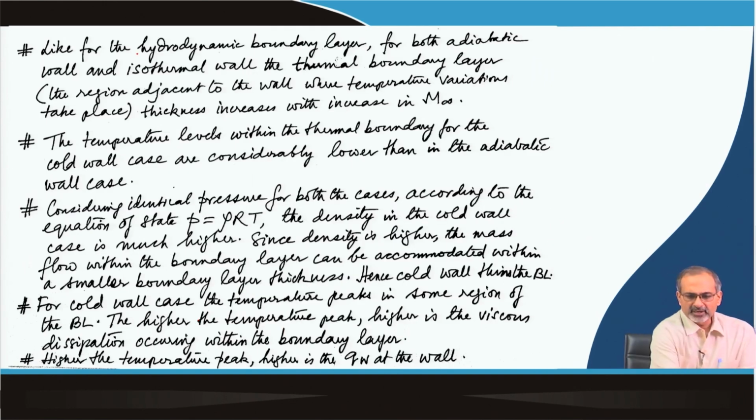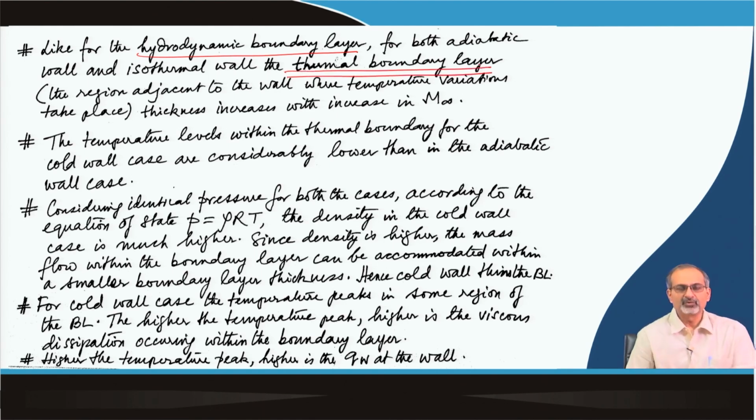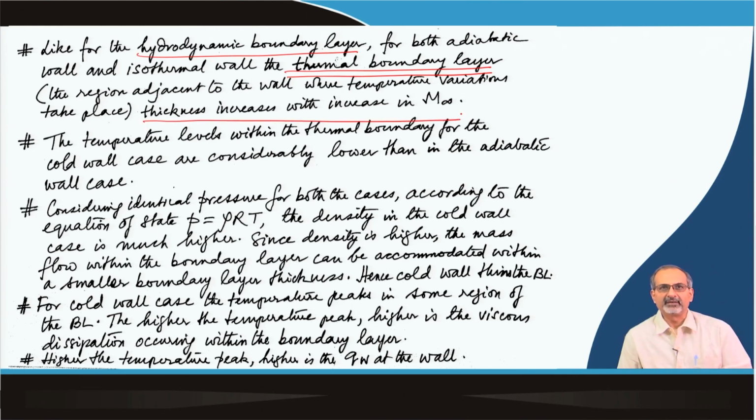So, like for the hydrodynamic boundary layer, where we looked at the velocity distribution for both adiabatic wall and isothermal wall, the thermal boundary layer that we looked at, which basically means the region adjacent to the wall where temperature variations take place, the thermal boundary layer thickness increases with increase in M infinity, and we can show that the thermal boundary layer thickness scales with the hydrodynamic boundary layer thickness too through the Prandtl number.